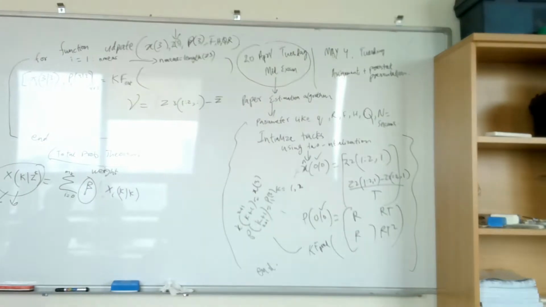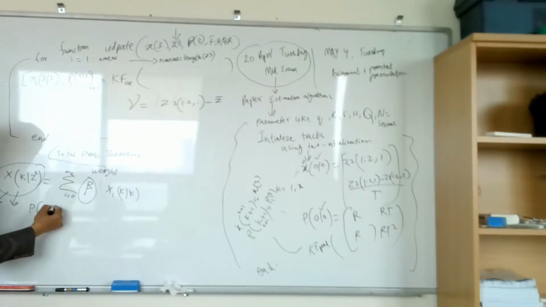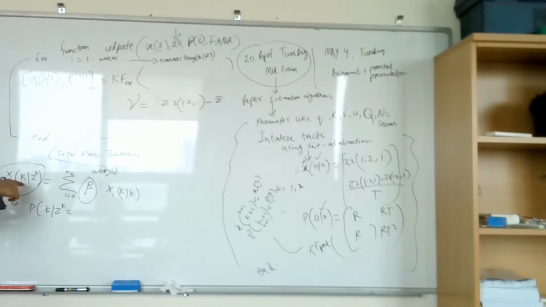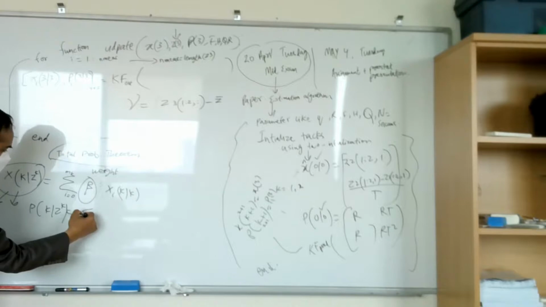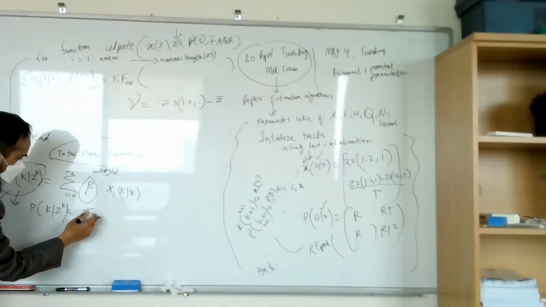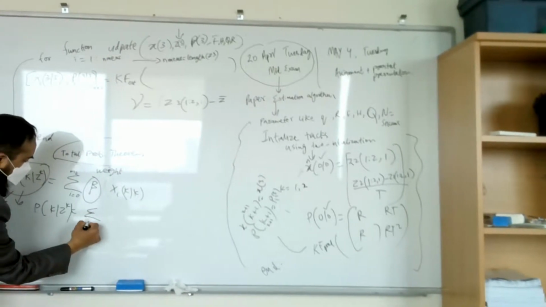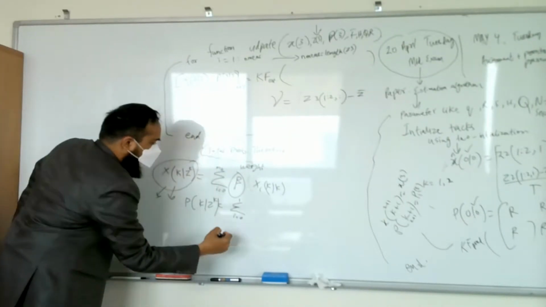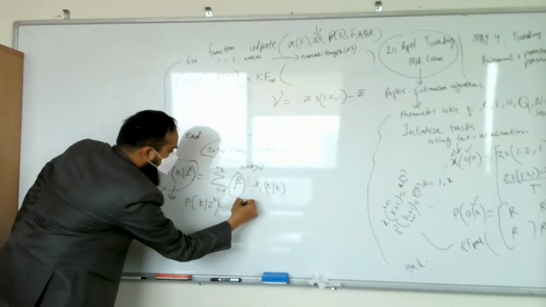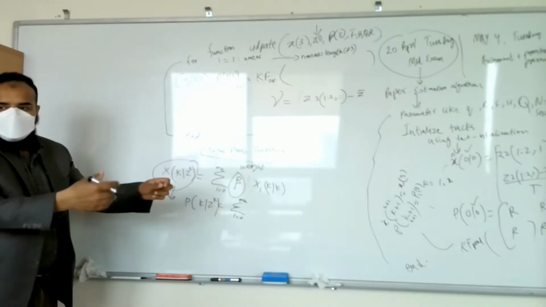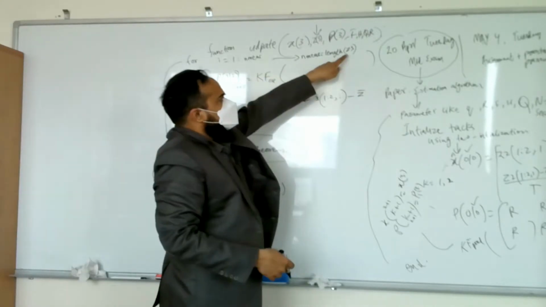Okay, and similarly the P, because this is calculated for z3, so this is conditioned on z3. And then here also a summation, for i equals 0 to mk measurements. mk is the number of total measurements in z3.